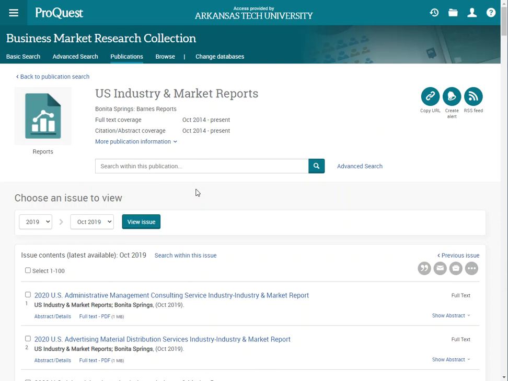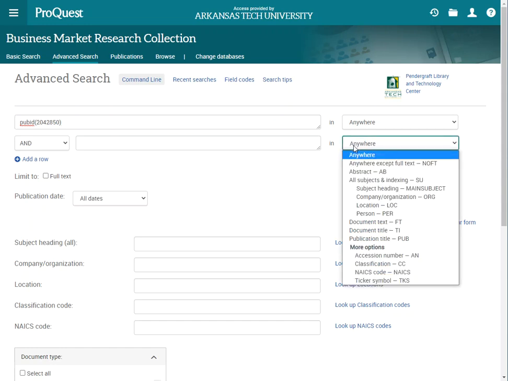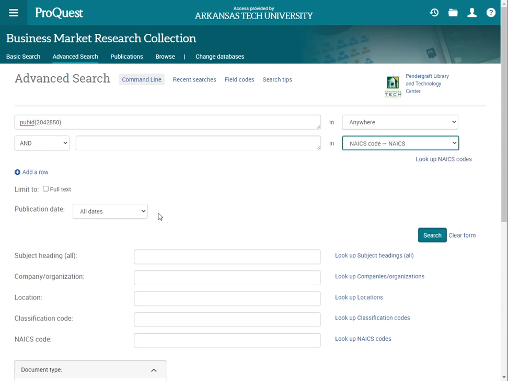You go, but that doesn't say Barnes reports. Yeah, that's very, very true. It doesn't say that. So we click on advanced search and notice that it's got the publication ID in there. That's for the U.S. industry and market reports. We are now going to search an NAICS code.